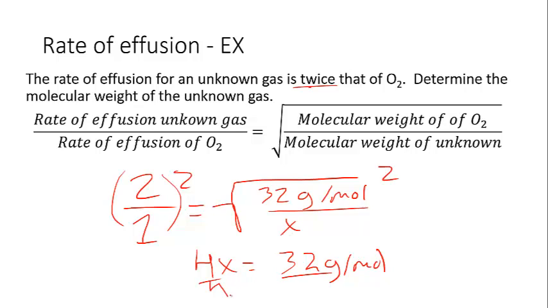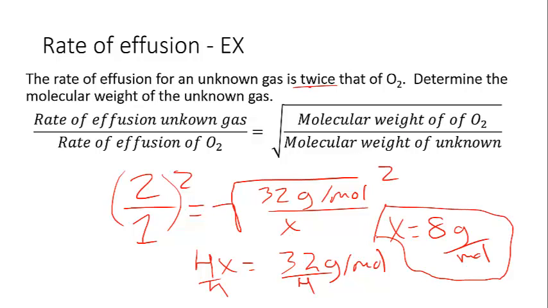Divide both sides by 4, and we see that X is equal to 8 grams per mole. Therefore, the molecular weight of our unknown gas is 8 grams per mole.